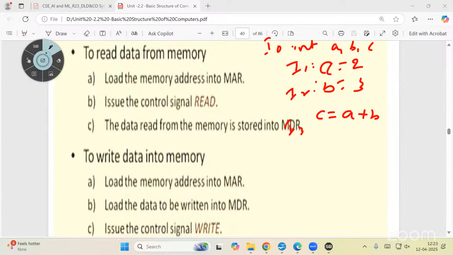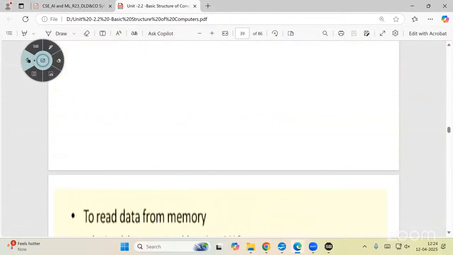Now here, to read the data from the memory, first load the memory address into MAR. This I0 instruction is located in the code memory, and that address is loaded into the MAR. After loading into the MAR, issue the control signal.